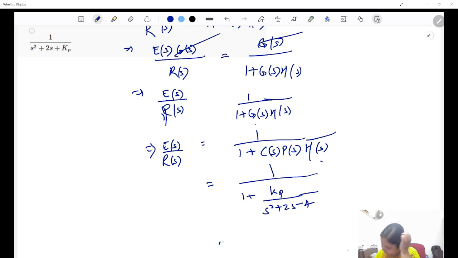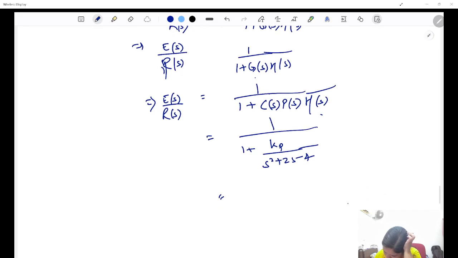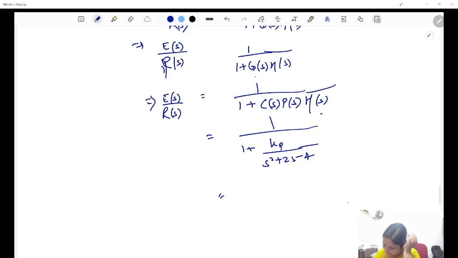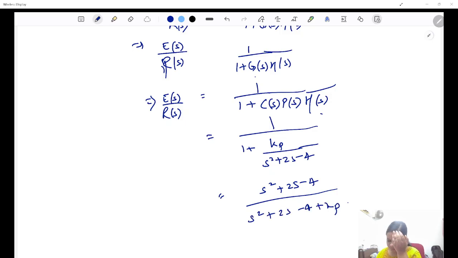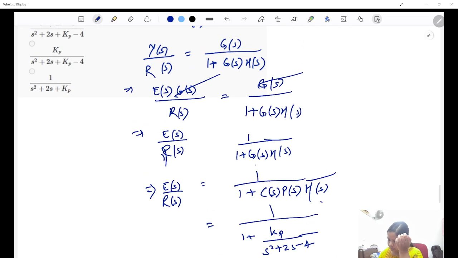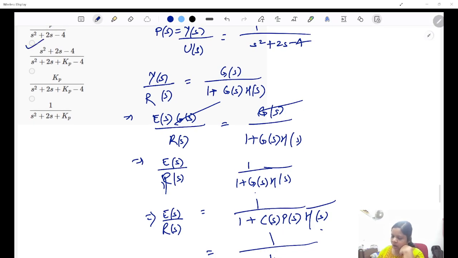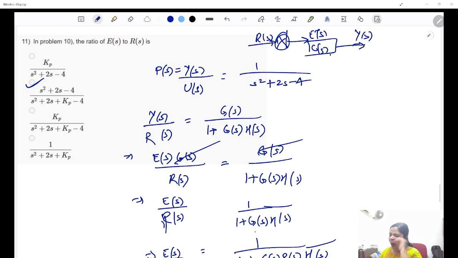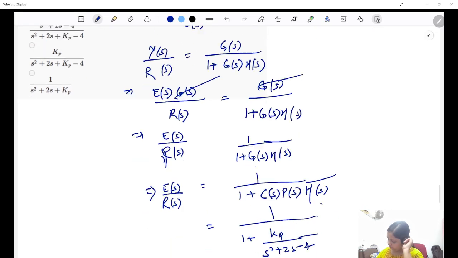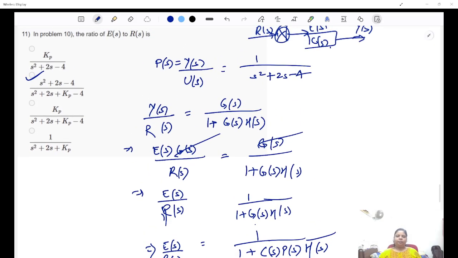This is ES upon RS. We just need to simplify this. It would be S square plus 2S minus 4 in the numerator, right? And in the denominator it would be S square plus 2S minus 4 plus KP. So your answer is B, right? Yes, B is your correct answer. Any confusion here?